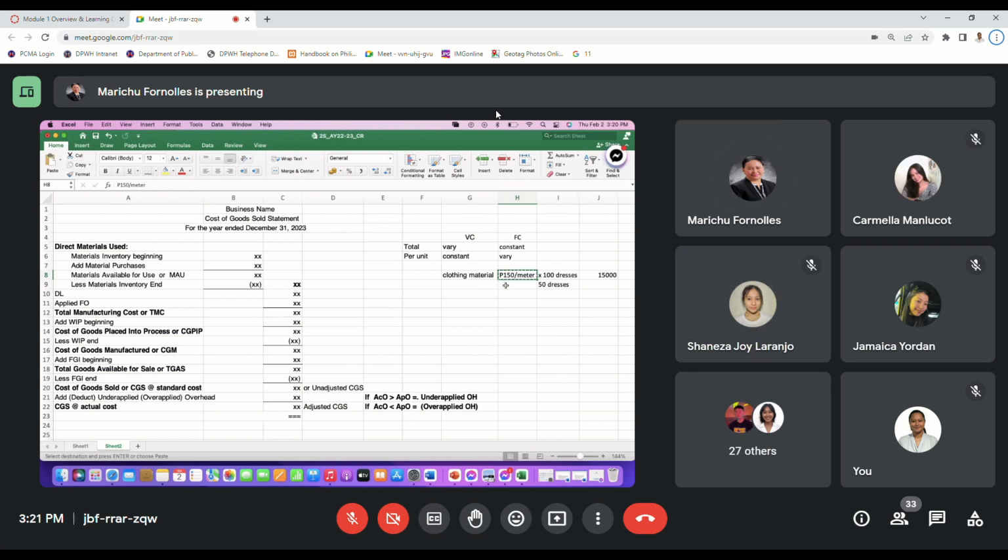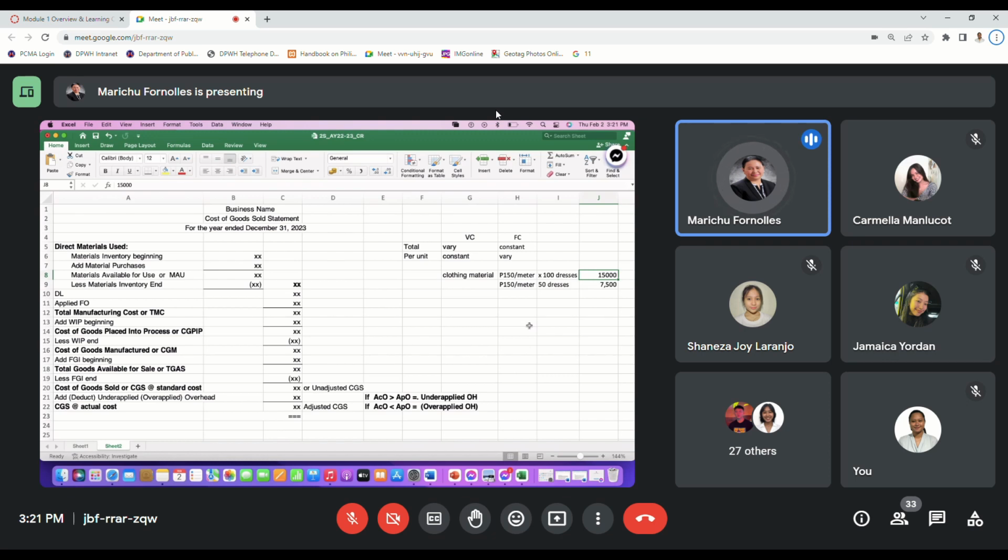Okay. 7,500. So notice, class, as the volume goes down, your TVC goes down. Instead of 15,000, 7,500 only. If you increase the output from 50 to 100 dresses, then the total cost of the clothing material is 15,000, isn't it?